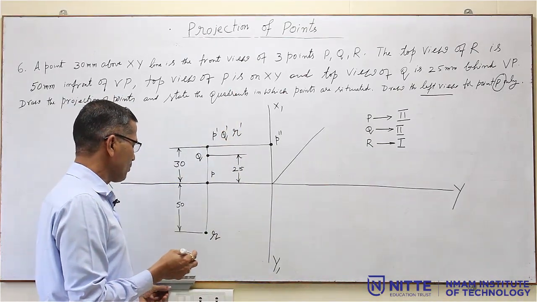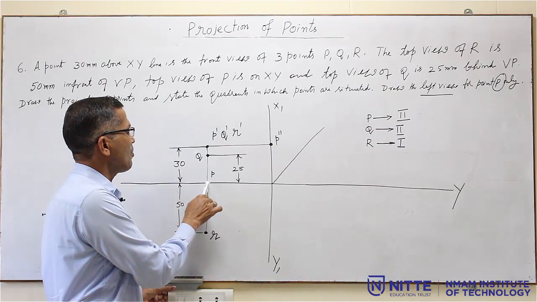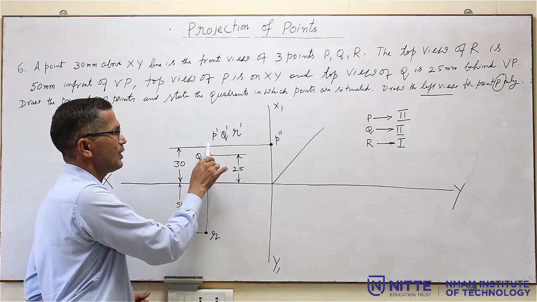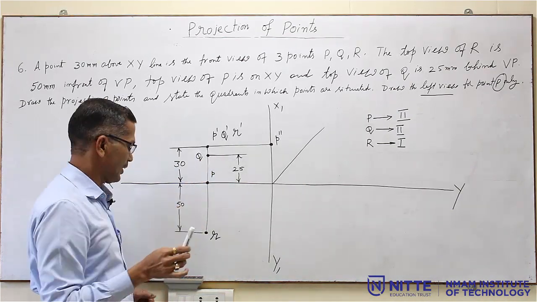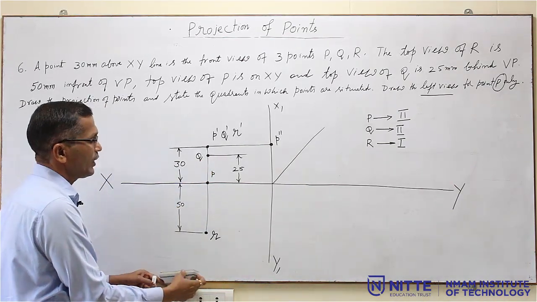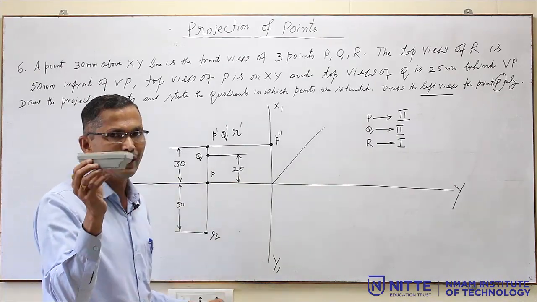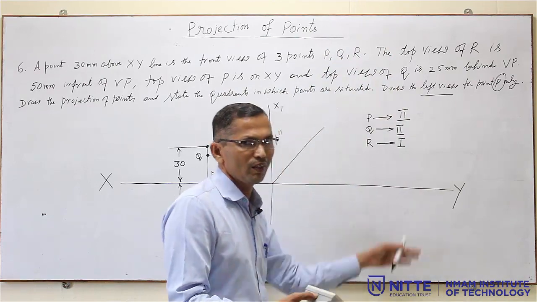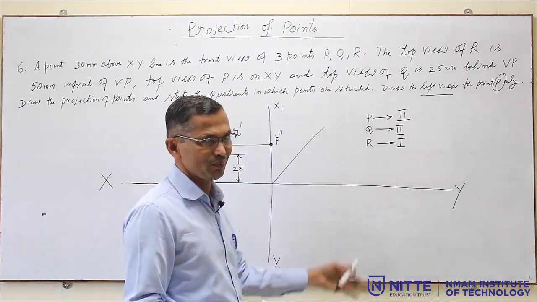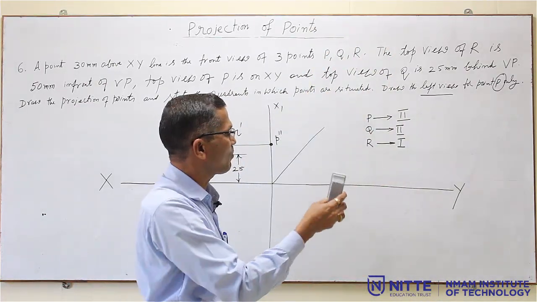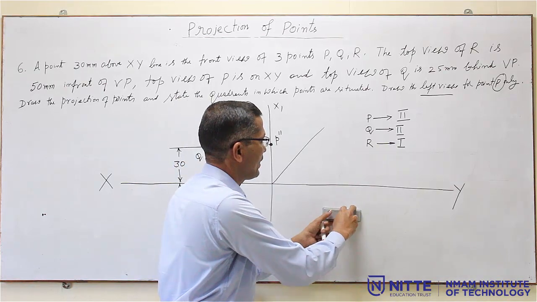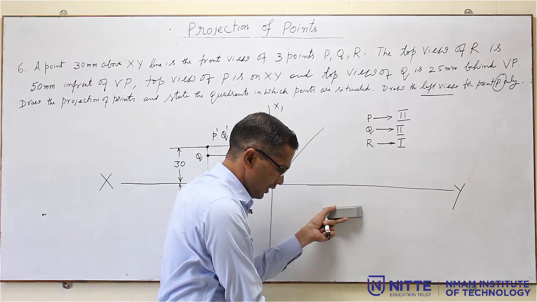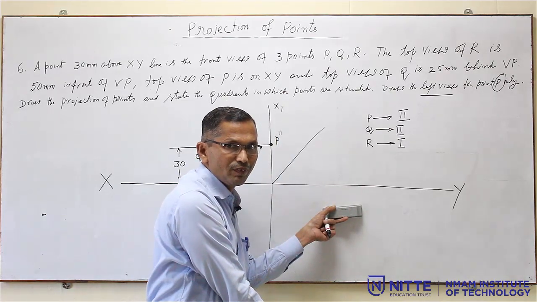Now carefully, if you observe here, the top view of P is on the xy line. Front view is above the line, top view is on the xy line. Whenever the given point is, for example, if you consider this wall or the blackboard as the vertical plane, if the point is directly on the vertical plane, then if you look from the top, its top view will be exactly on the xy line.